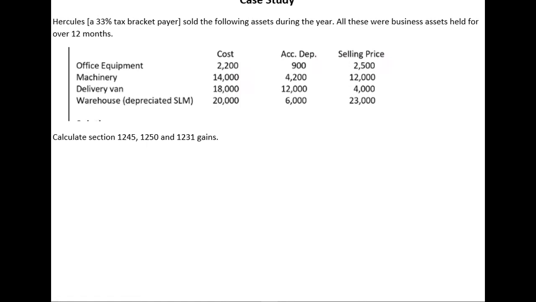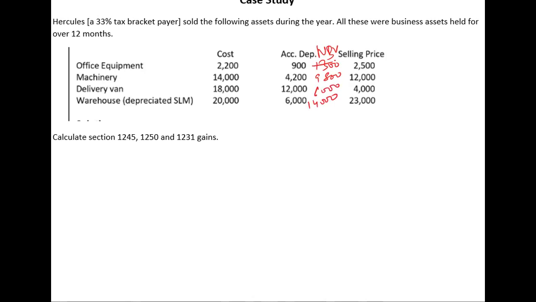Now we have to calculate 1245, 1250, and 1231 gain. So for that, let's first calculate the recognized gain or loss. First of all, we will be calculating the net book value. So net book value will be cost minus accumulated depreciation. So 1,300, 9,800, 18 minus 12, 6,000, and $14,000.